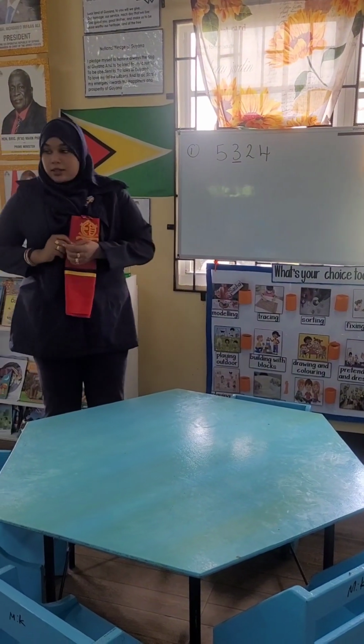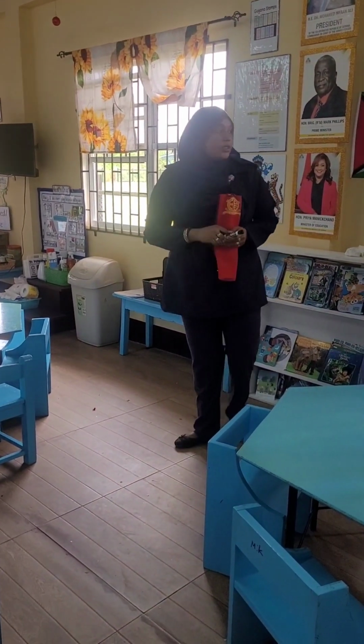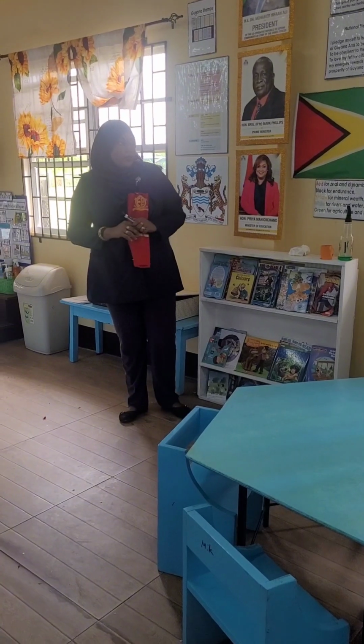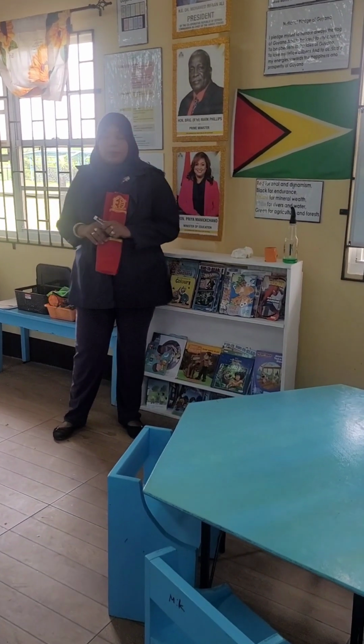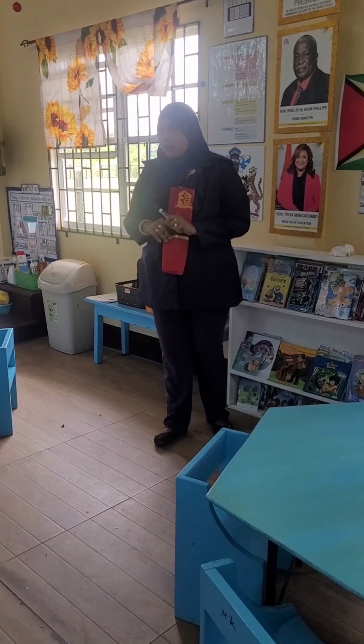So I'm going to take someone from this group. Rachel. So we have a 4-digit number on the board. Can you tell me the place value of the underlined number on the board?